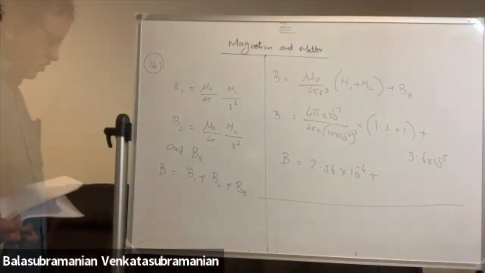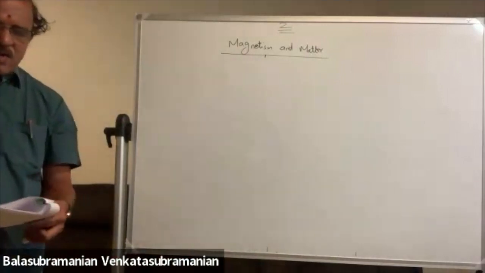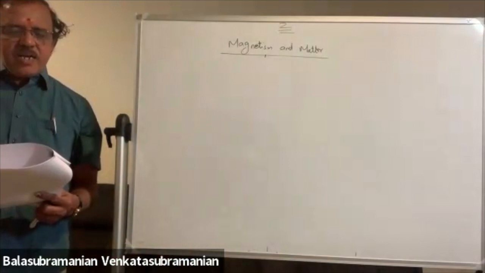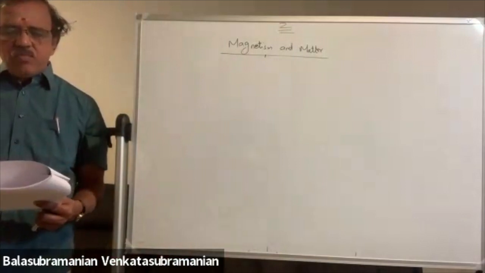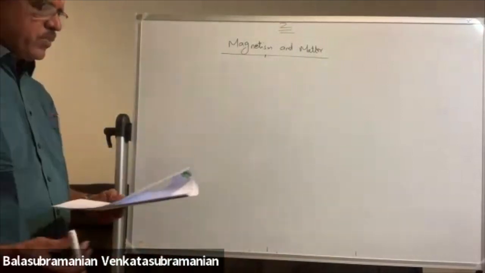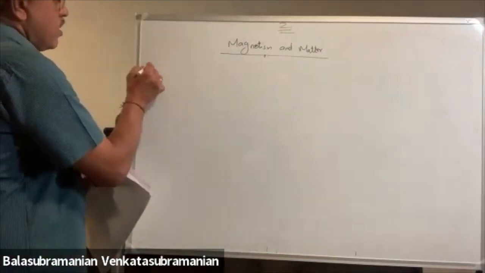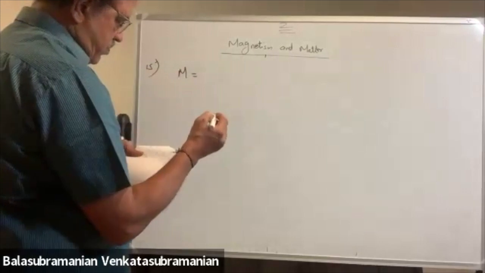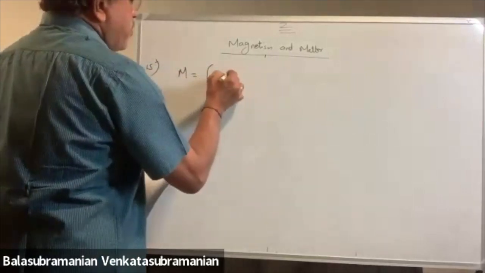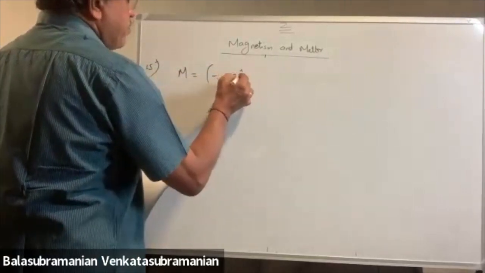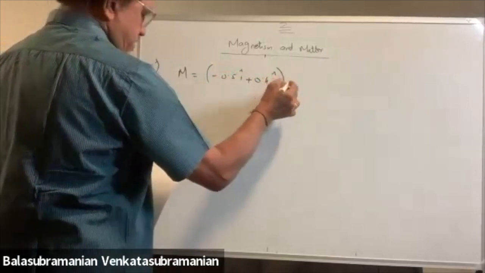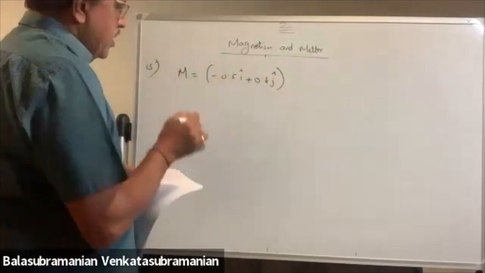Okay. 15th problem. Calculate the potential energy of a magnetic dipole whose dipole moment is M is equal to minus 0.5 I cap plus 0.4 J cap ampere meter square.